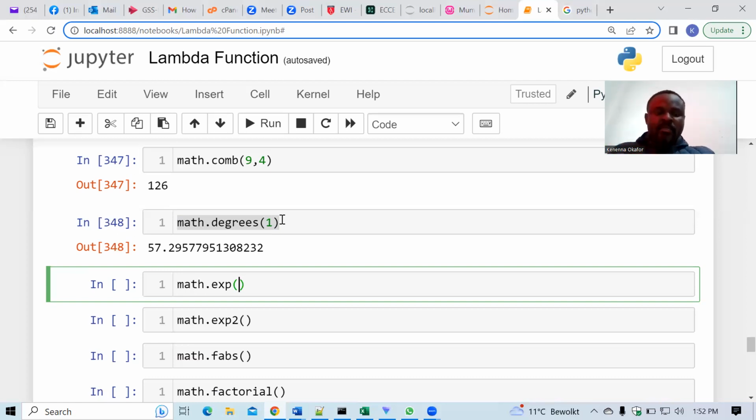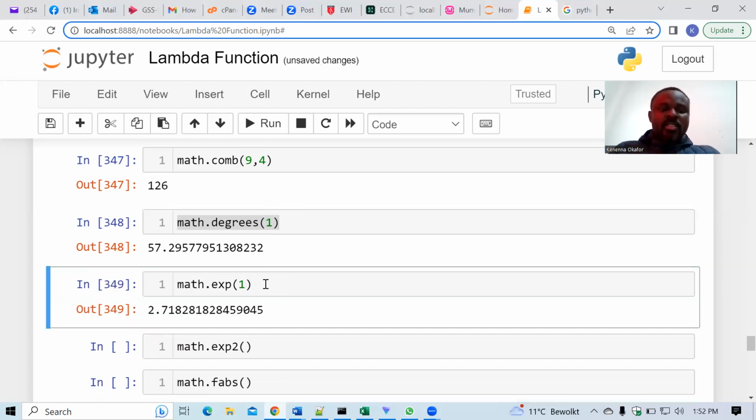So what I'm saying here is that if I have 1, it's simply going to, for example, take the Euler constant and have it raised to the power of 1. That will be the returned value. Okay, so let's see, guys. We see that it's 2.7, blah, blah, blah. And it can even be 2 raised to the power of 2.